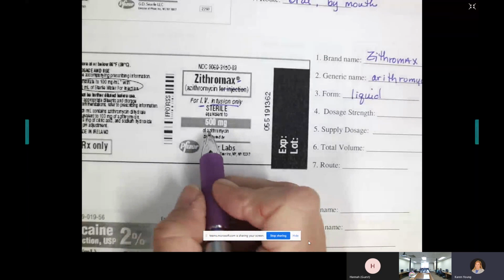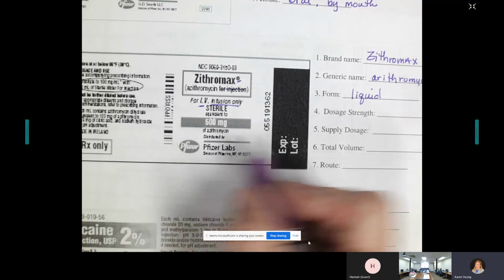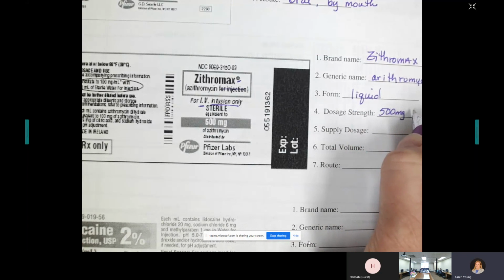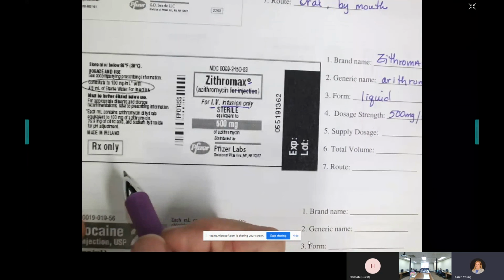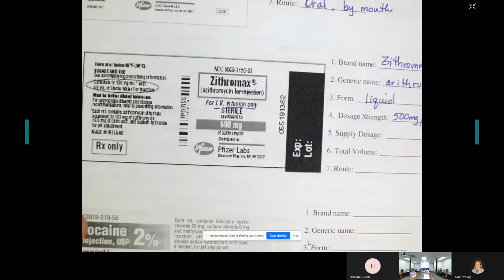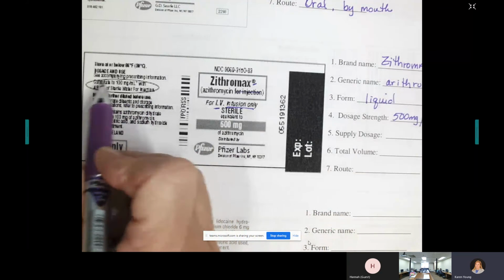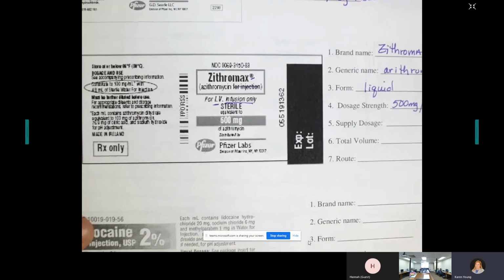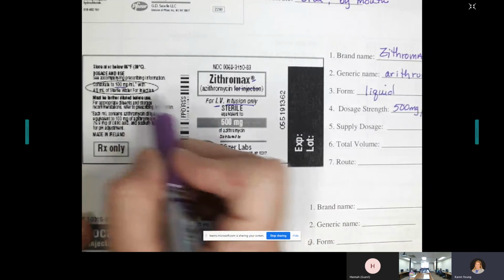And then again, my dosage strength is a 500 milligrams. And that's for the vial. Then to find my supply dosage, because this isn't in tablet form, this is in liquid form, I've got to go over here and look in the fine print. Generally, when I give you these labels, they're a lot clearer to read.